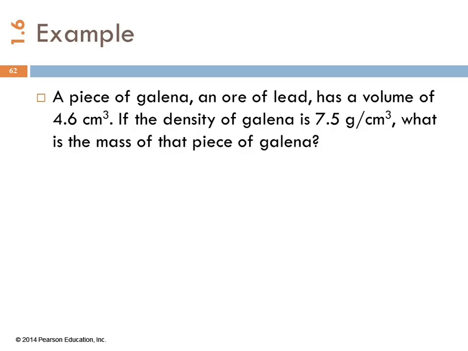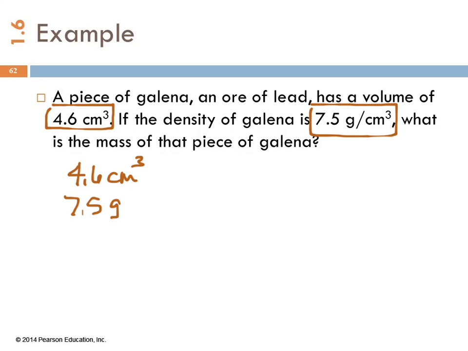Focus on the numbers. So we've got this number, and we've got this number. So see them, pull them out. So we've got 4.6 cubic centimeters, and we've got 7.5 grams per cubic centimeter. Writing the unit this way with a slash is a lot easier on a word processor or a computer.